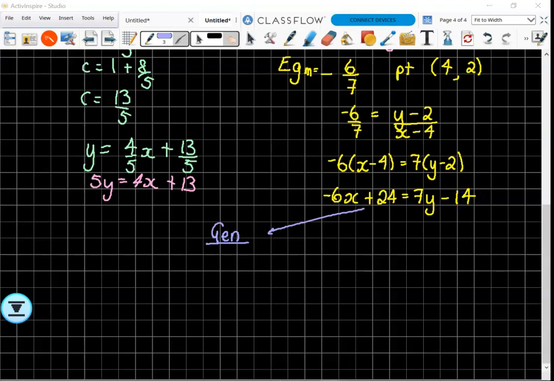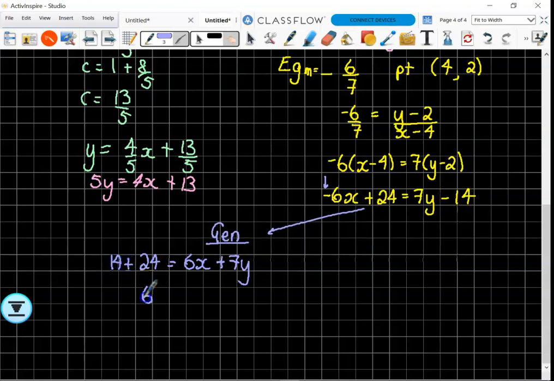So if the question said do this and put it in general form, okay, don't like this negative here. So that's going to float over to the other side. Yeah? So now it'll be 6x plus 7y. Agreed? And this has still got the 24. What happens to this minus 14? Becomes plus 14, that's right.